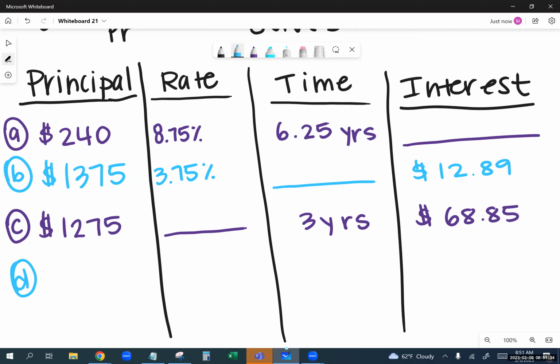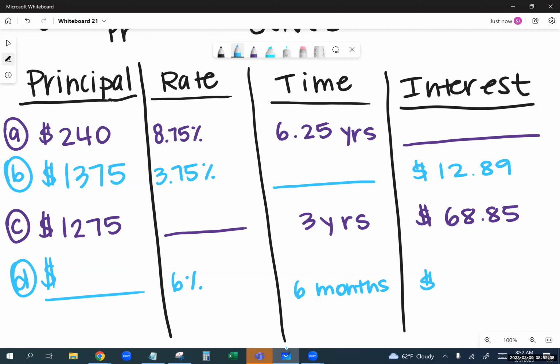And then D, I have a blank on my principal and 6% interest for, why did I write it like that? Okay, so 6 months. And the interest was $72.